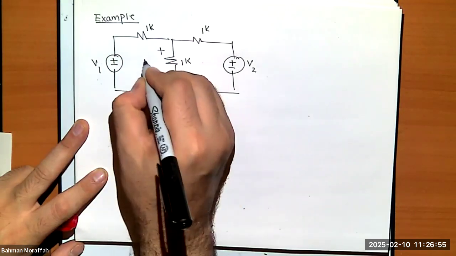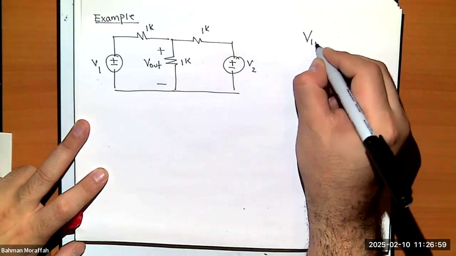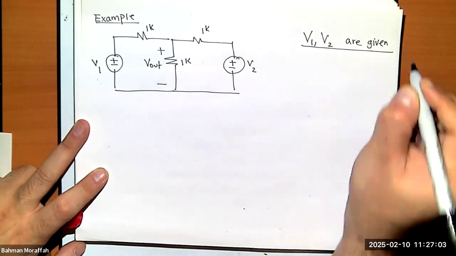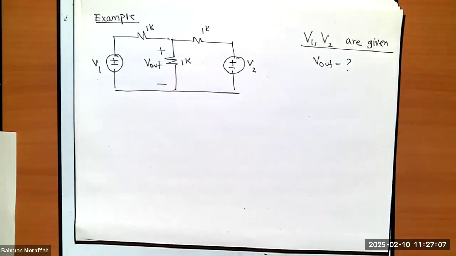Let's call the voltage across this 1K V out. And let's assume V1 and V2 are given to us. Those are numbers. And the question is asking what is V out? Obviously, this is a very simple circuit. We can solve for V out in a lot of different ways, but let's use superposition.